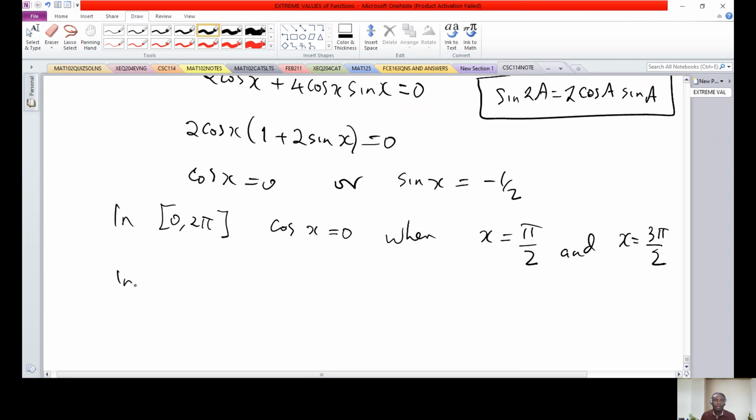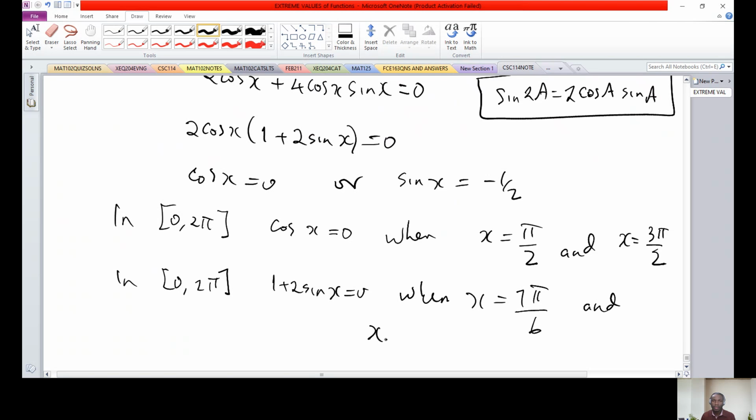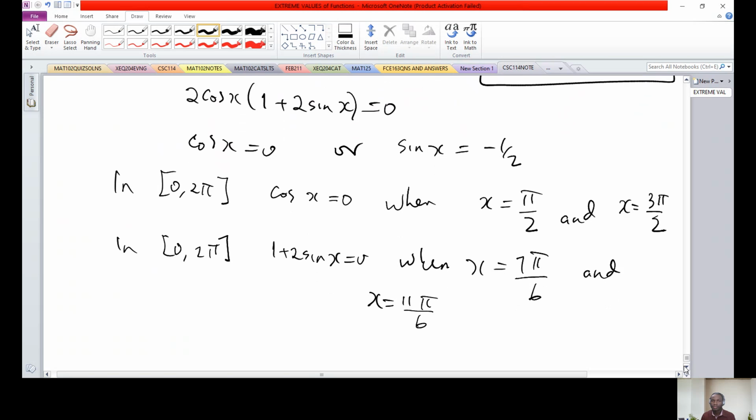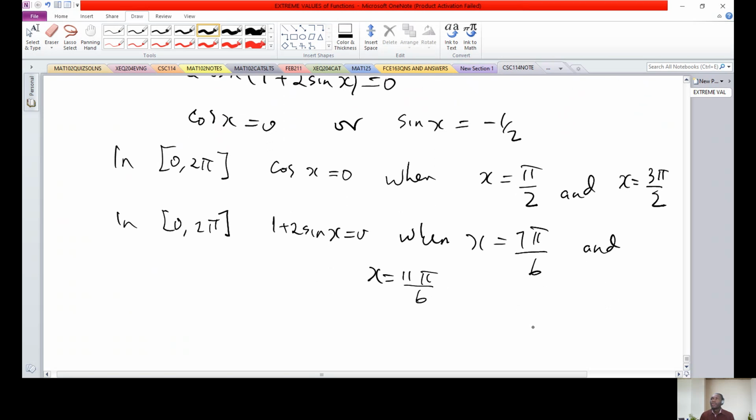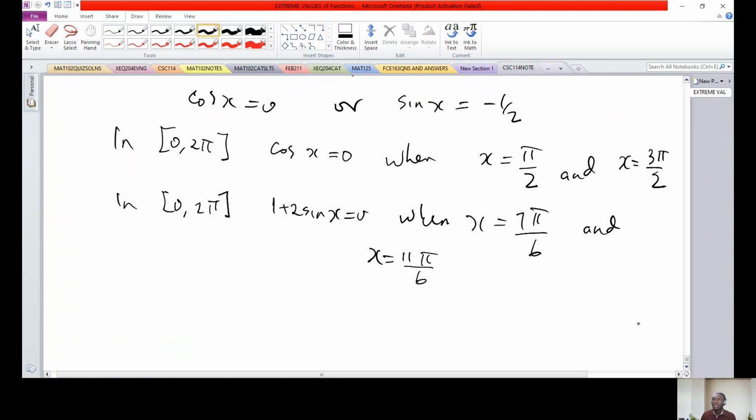And then in the interval 0 to 2 pi, 1 plus 2 sine x equals 0 when x equals 7 pi over 6, and when x equals 11 pi over 6. So therefore now all these are the critical points. So therefore now we'll start testing now.